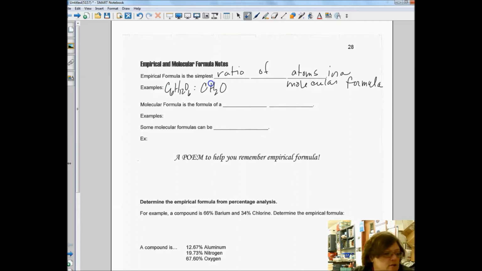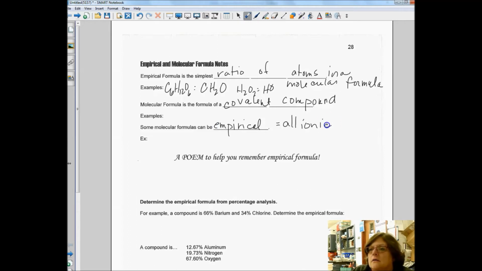They're the same ratios. If we did hydrogen peroxide, its simplest ratio would be HO. The molecular formula is the formula from a covalent compound. Some molecular formulas can be empirical. And then I'm going to have you add on all ionic is empirical.